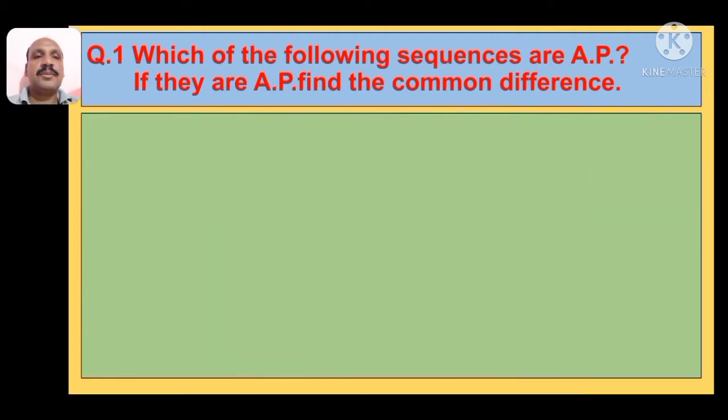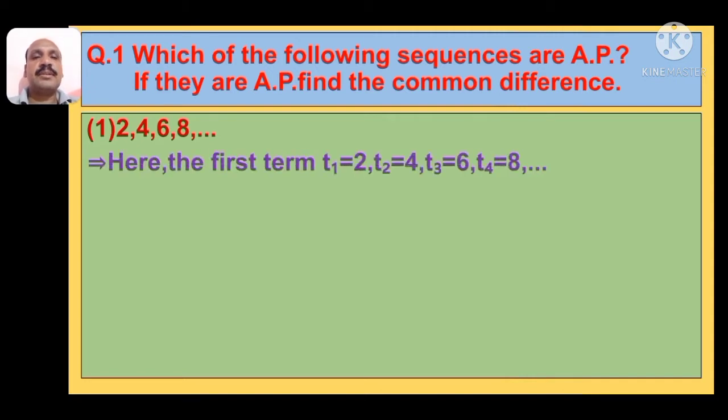Now, first, here we have given the sequence 2, 4, 6, 8 and so on. Now here the first term, which is T1, is 2, T2 is 4, T3 is 6, T4 is 8.